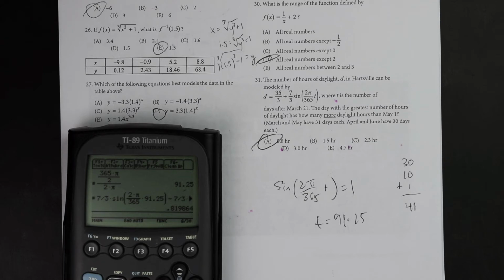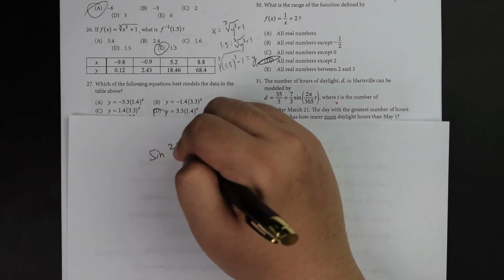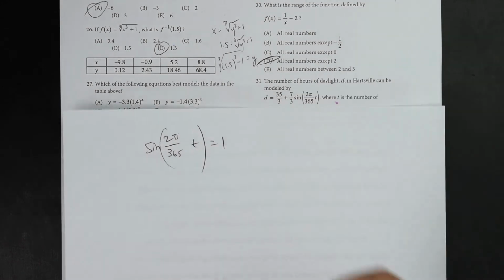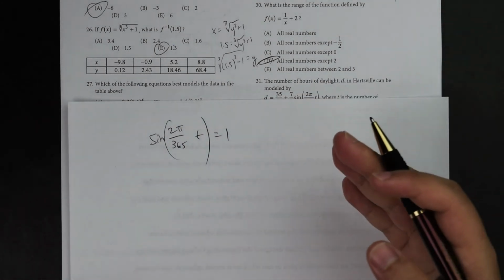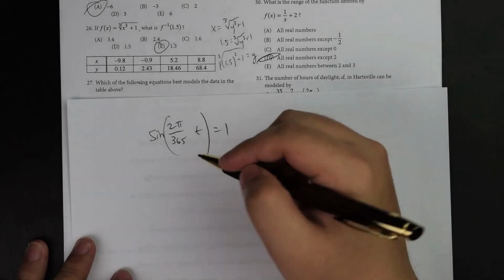The way you could do that, just in case you don't know how, is that when I make sine of 2 pi over 365 t equal to 1, I could do it multiple ways. One way is using the solve function on the TI-89, but for this question it looks a little complicated to input, so I'm going to use inverse sine.